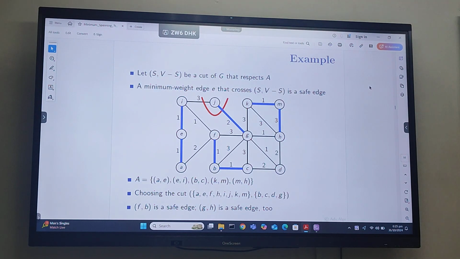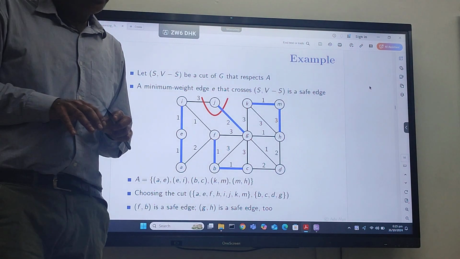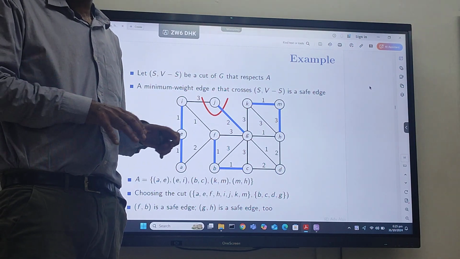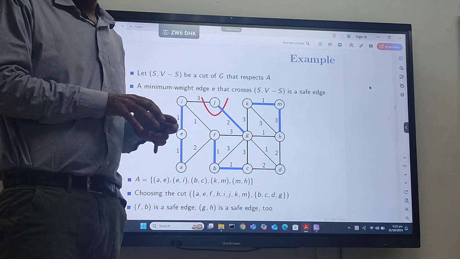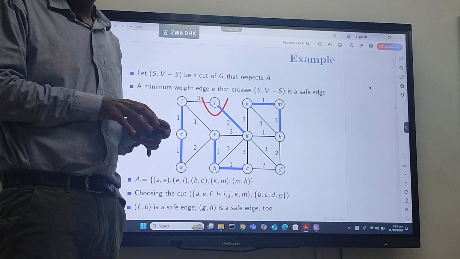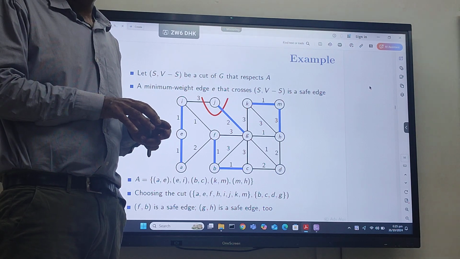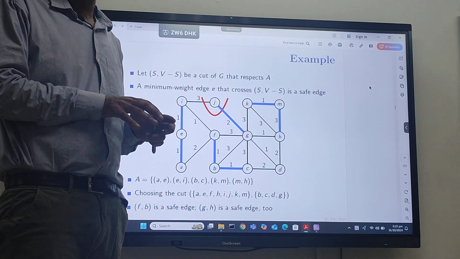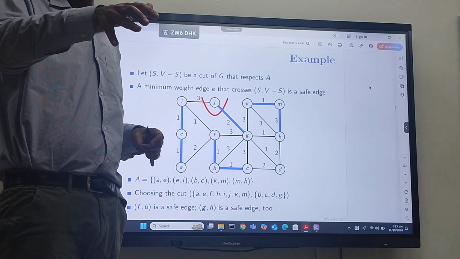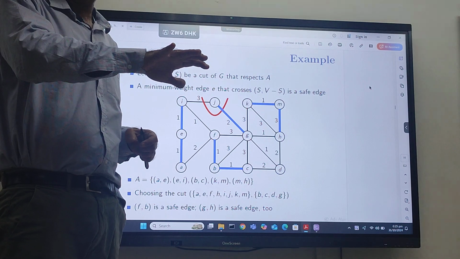Right now we are not doing it randomly. We are doing it just to show it. The number of possible partitions is exponential, so if we try to do it in a non-clever way, we'll look for a partition, check if it respects A or not.